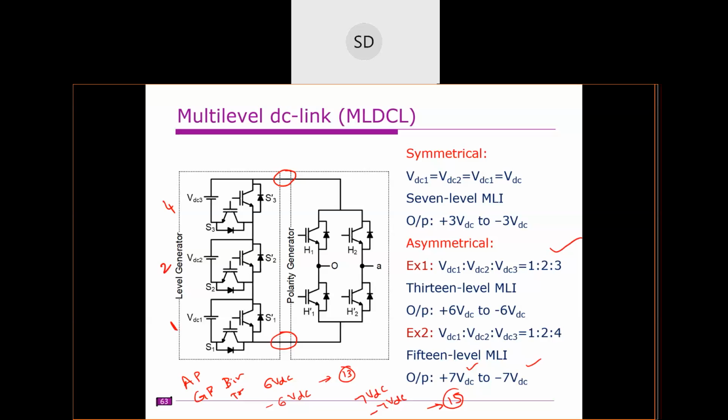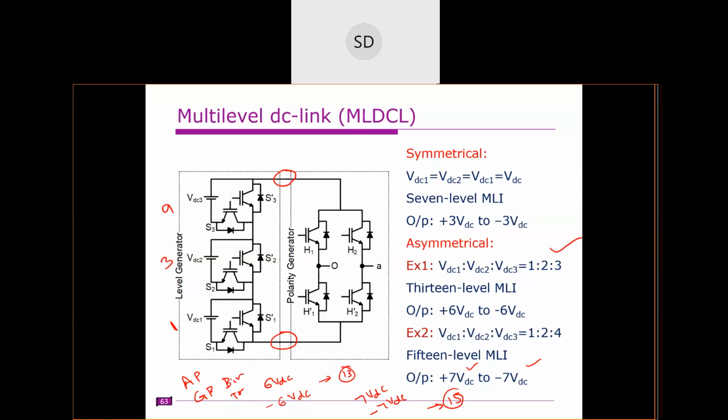Right? But it will not support 1:3:9. Why will it not support these trinary voltage ratios? We already discussed that.